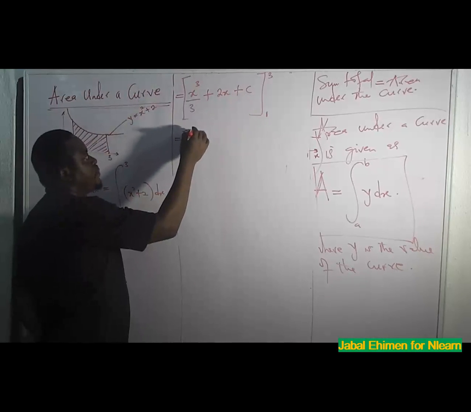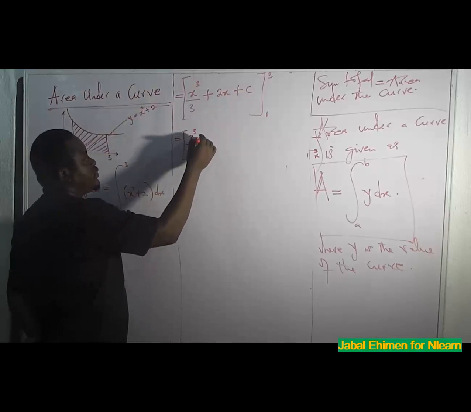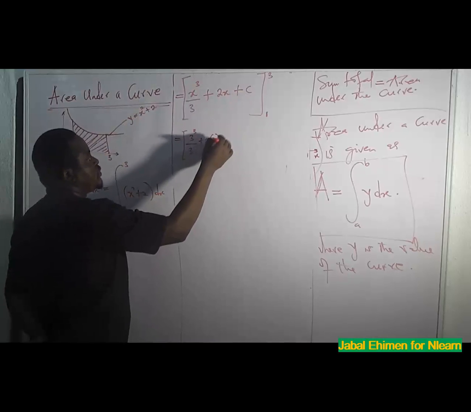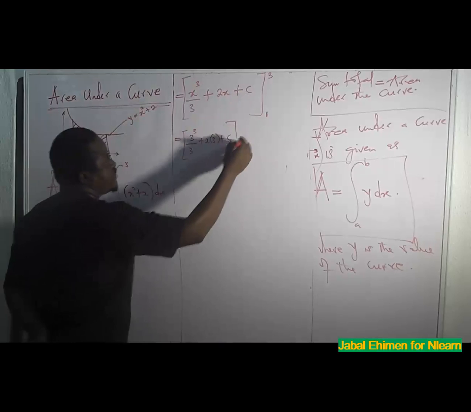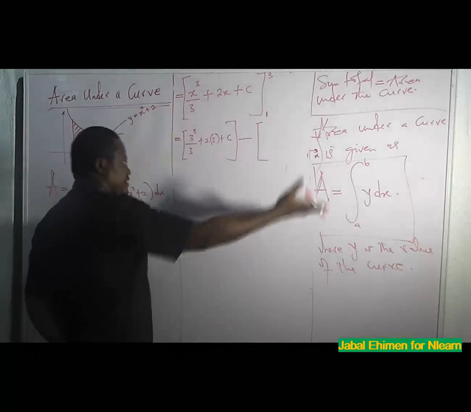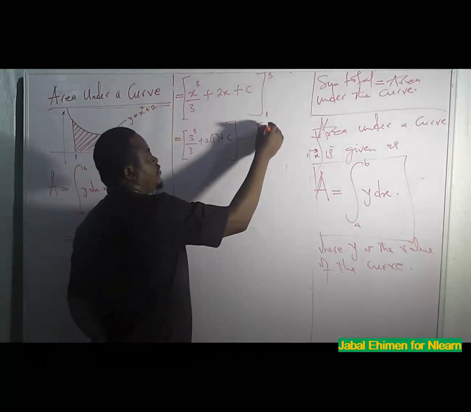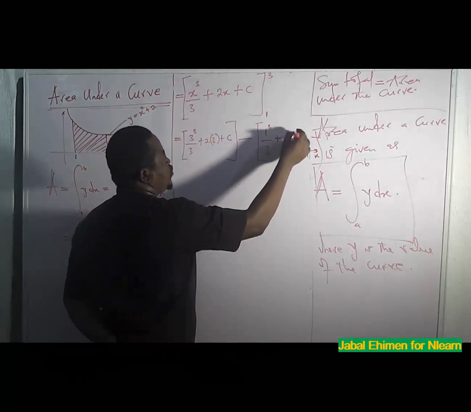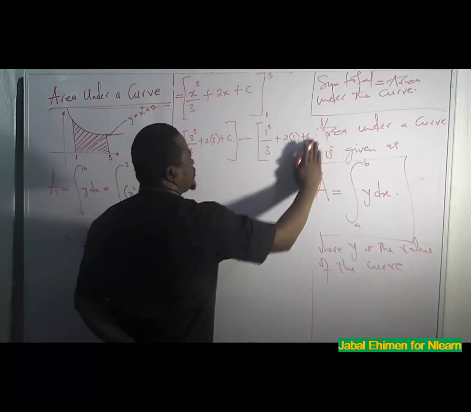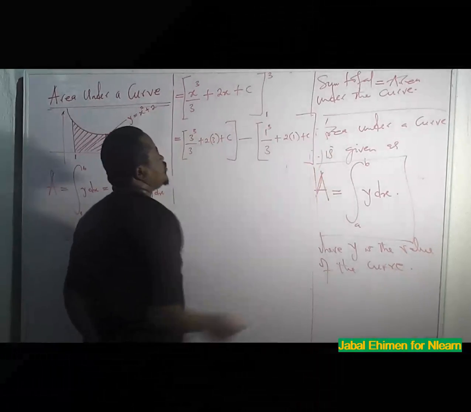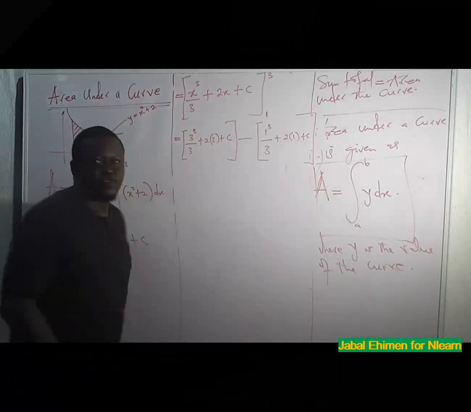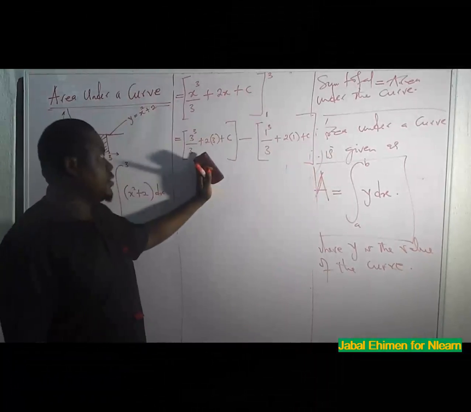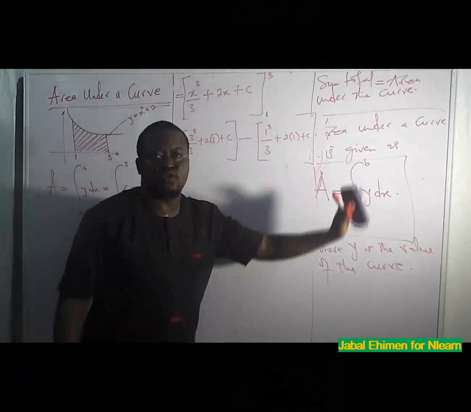That will be 3 raised to power 3 over 3 plus 2 into bracket 3 plus c, minus 1 raised to power 3 over 3 plus 2 into bracket 1 plus c. So this is for 3 and this is for 1. You substitute 3 first, minus when you substitute 1.